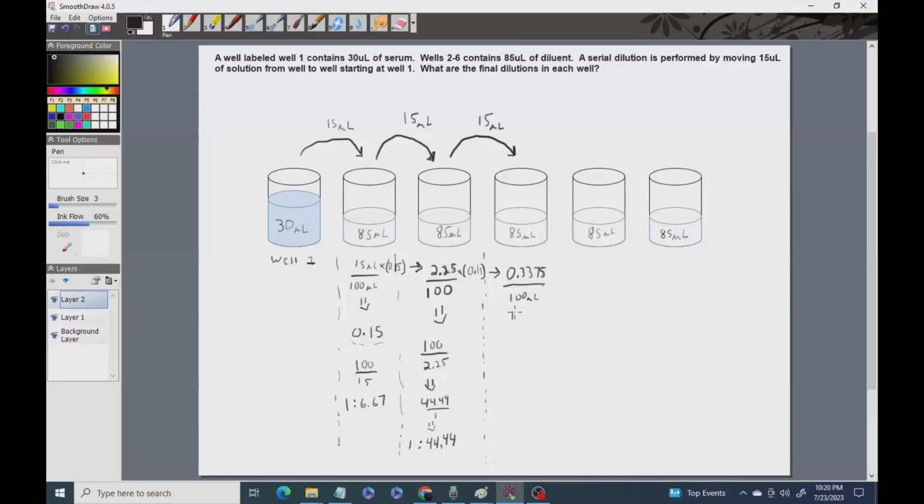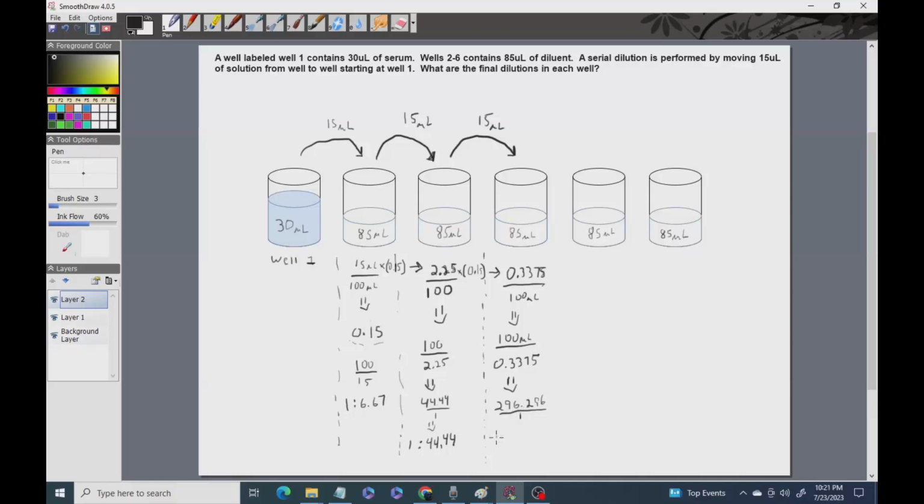And if we flip this, 100 microliters over 0.3375, that will give us a ratio of, I'll just write it all out, 296.296, which you can round off, over 1.